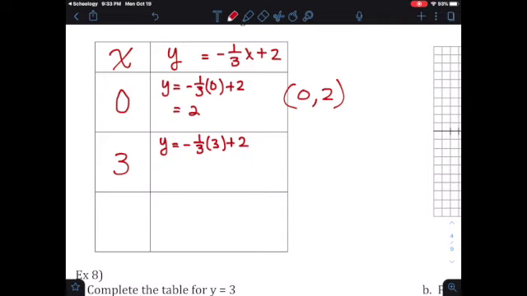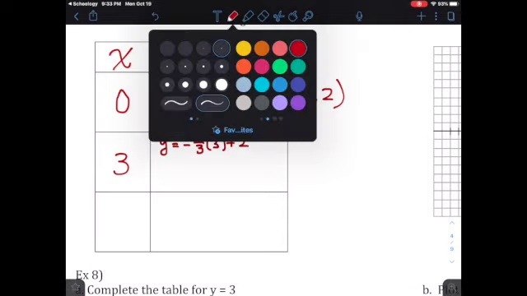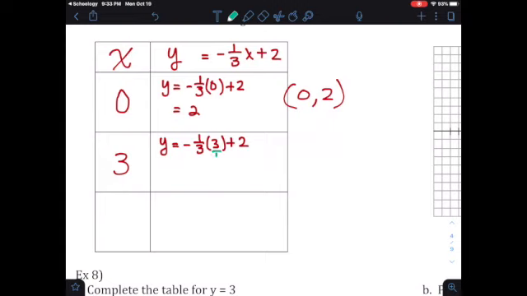And if you think about it, and we put a fraction underneath that 3 right there, you can actually cancel out the 3, and that part will just become negative 1. The fraction is gone. And plus 2. And that's going to be 1. So the answer is going to be 3, 1.